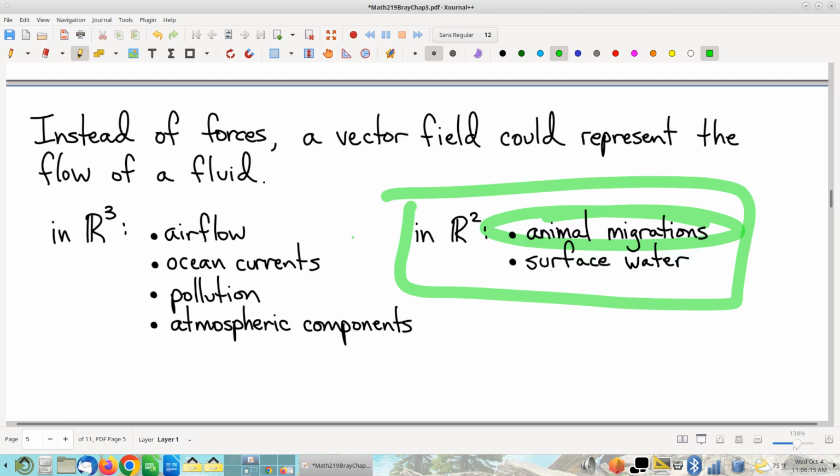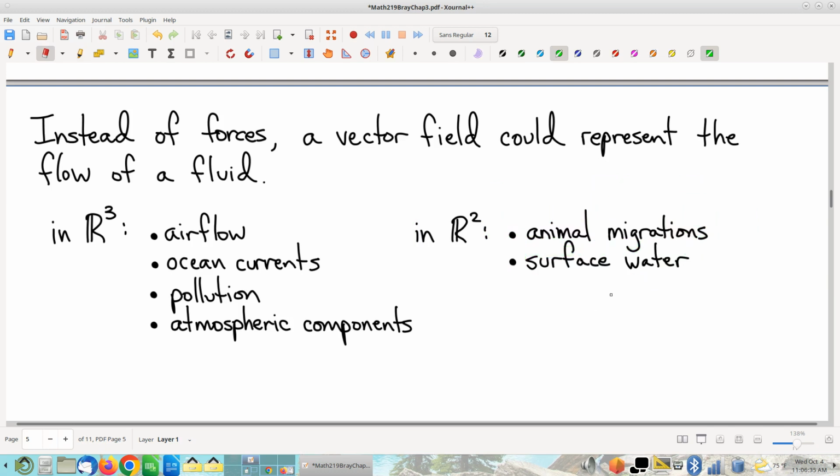Does that make sense? And so a vector field on the surface is what represents that motion. Likewise, you could imagine a similar argument: how does surface water flow? Again, kind of a fluid.